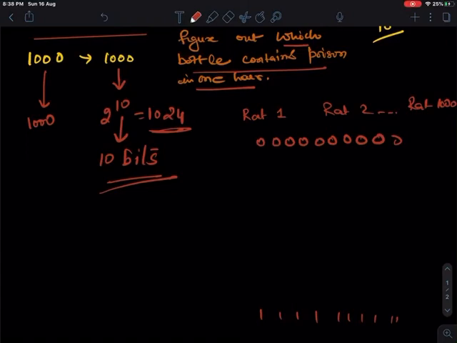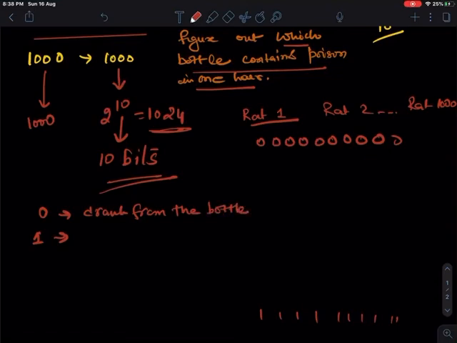Now what will you do? You will assign each bit to one rat. Okay, so rat 1, rat 2, rat 3, rat 4, and so on. And what will 0 and 1 represent here? 0 and 1 represent whether the rat actually drank from the bottle or did not drink from the bottle.